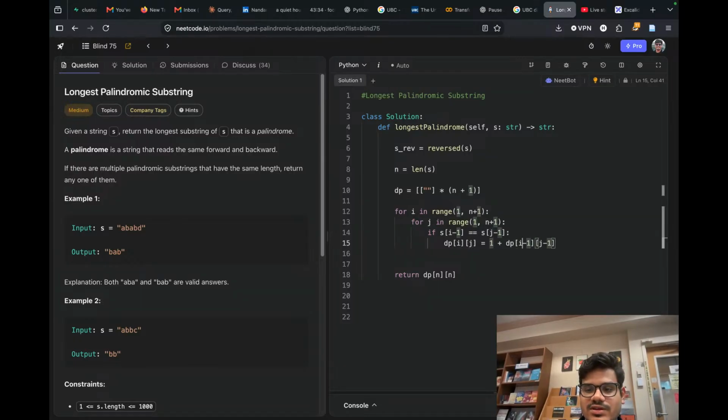So here instead of 1, it will be the character that will be added, plus this position, actually minus 1. This should be s rev, right? The second string that we have. Okay.